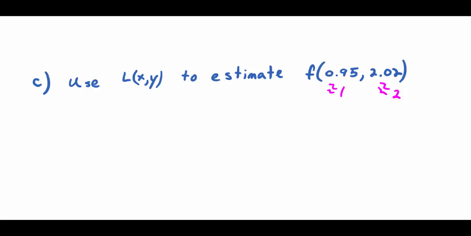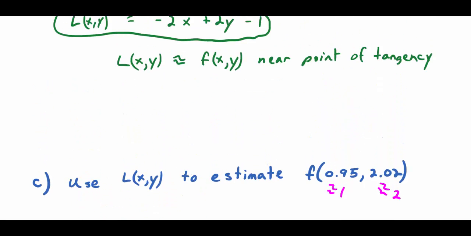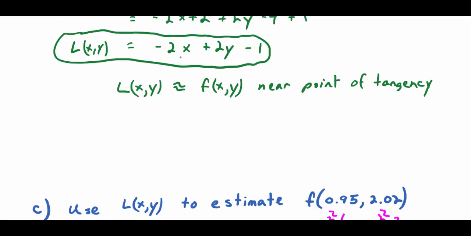So basically, all you have to do is take L of 0.95, 2.02, using the function notation, and then plug in what we got in the last problem. So it'd be negative 2 times 0.95 plus 2 times 2.02 minus 1.